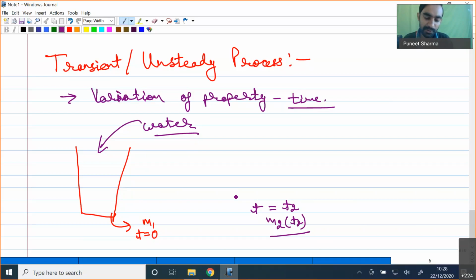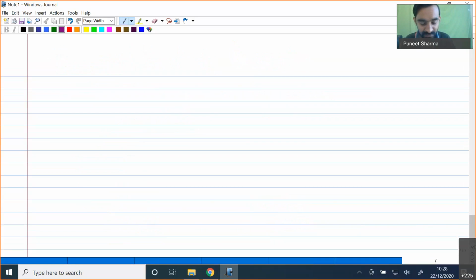These types of processes are referred to as transient processes. To analyze transient processes, we have to employ integration between the two specified times where we determine the value of the property. Moreover, for a transient process, we cannot write that the change in property with time equals 0.